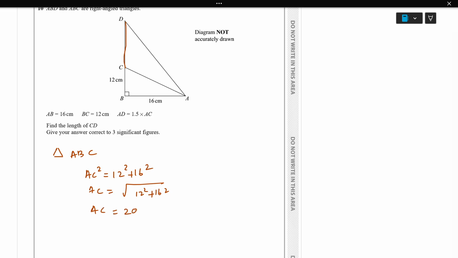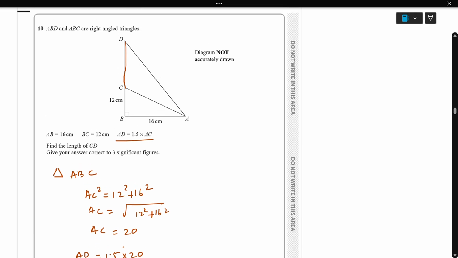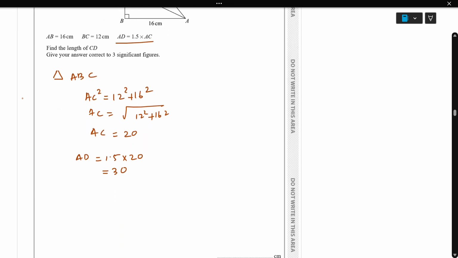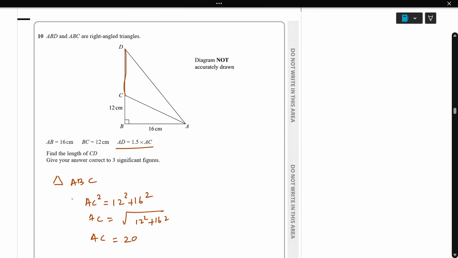So AC equal to 20. Now AD is given. AD equal to 1.5 times AC, 20, which is going to be 30. So we know AD. Again I'll use triangle ABD, the big triangle. Again I'll go for Pythagoras.